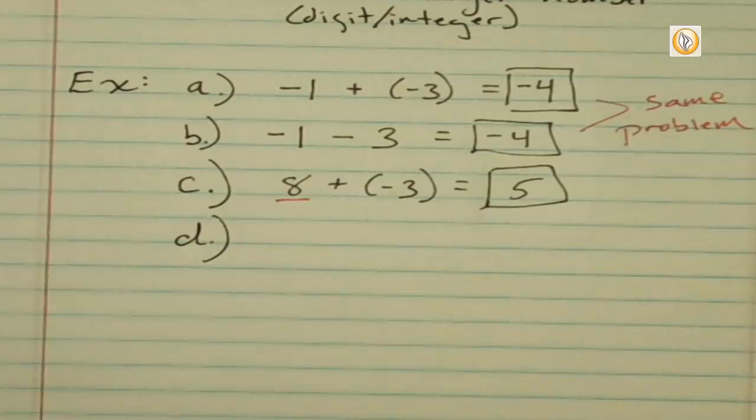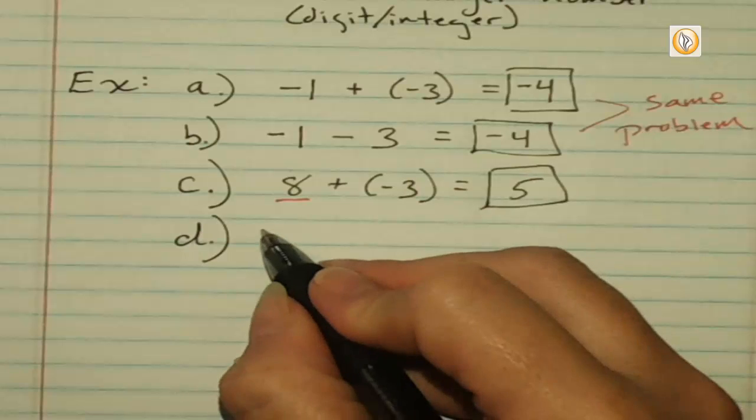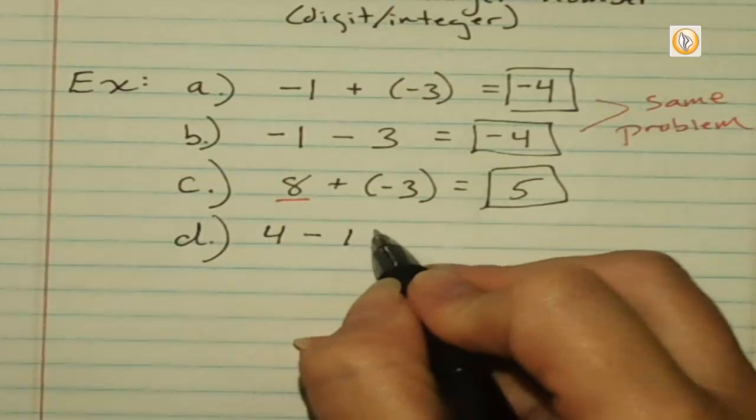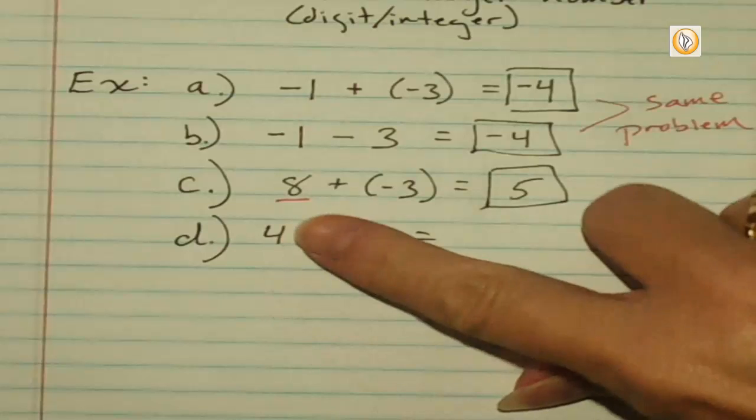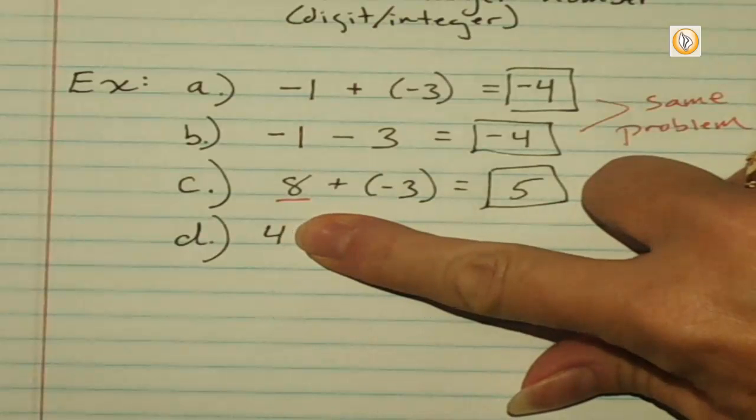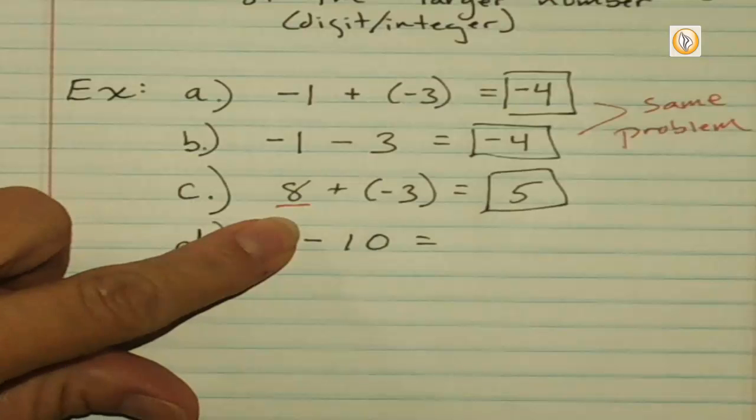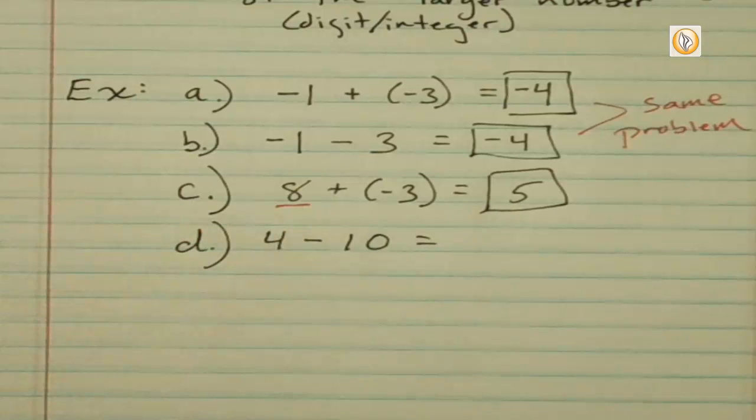D. So far, are there any questions? No, ma'am. All right, so D. 4 minus 10. Valeria, 4, is it positive or negative? Positive. And 10, negative. So the signs are different, so what do you do?